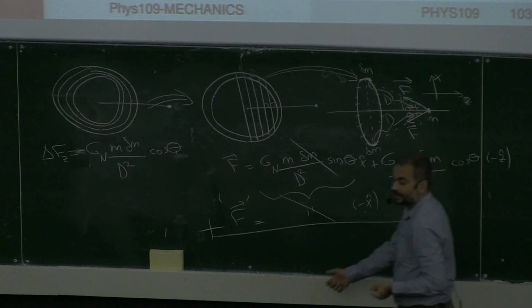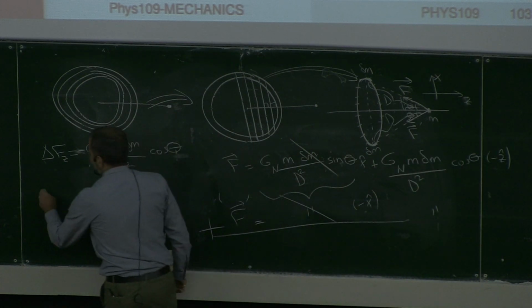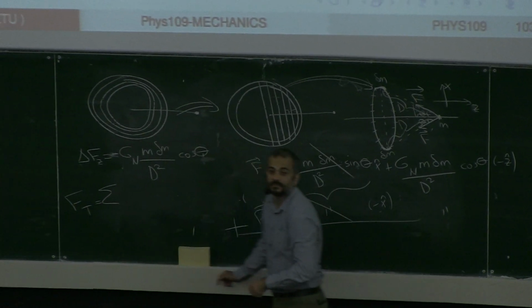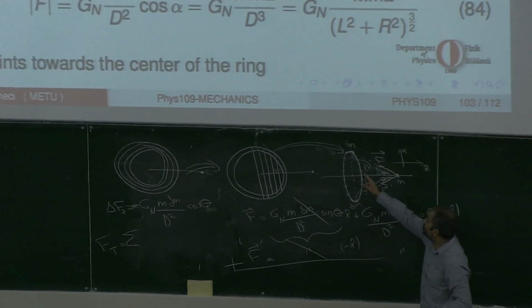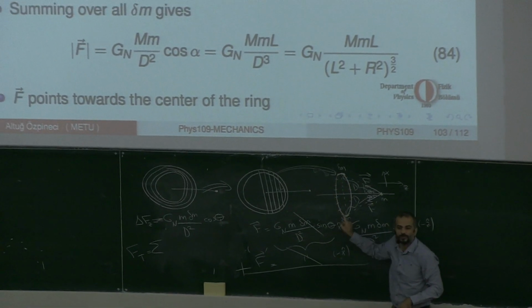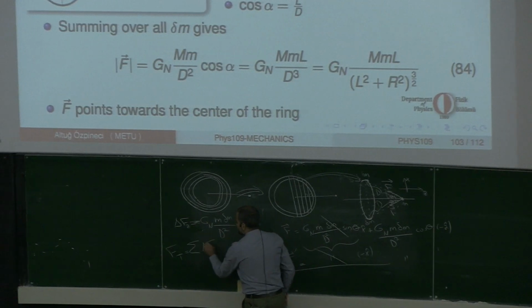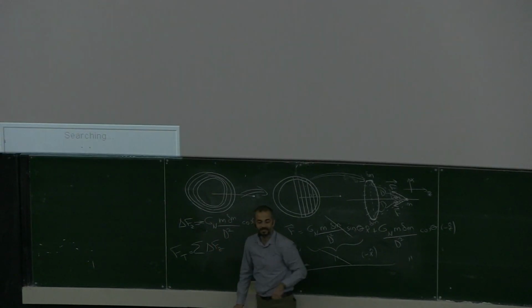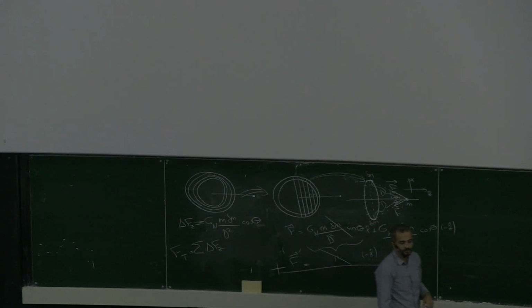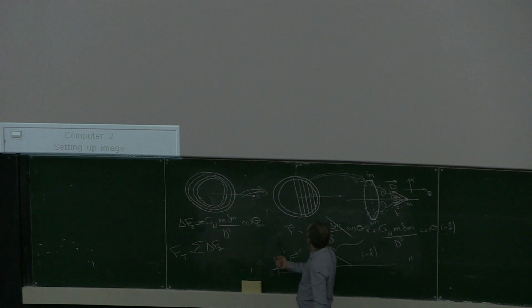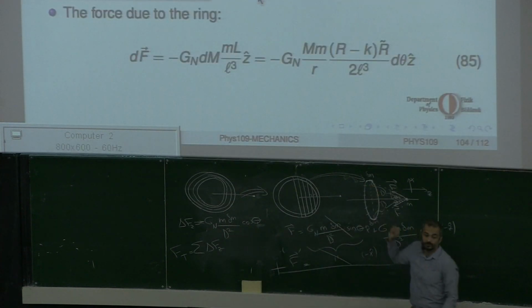Now, if I want to calculate the total force acting on my mass, it is just the sum of all the forces of all these points, or almost point arcs. So the total force is the sum of these Fz's, of course, in the limit that the length of these arcs goes to 0.